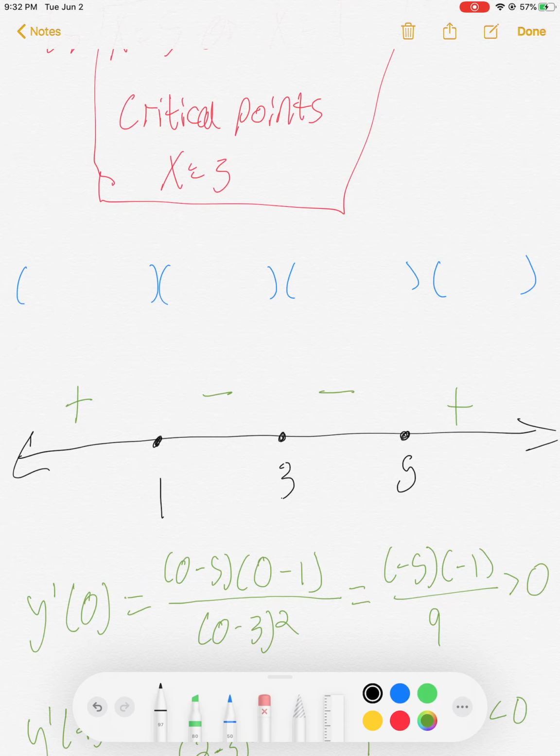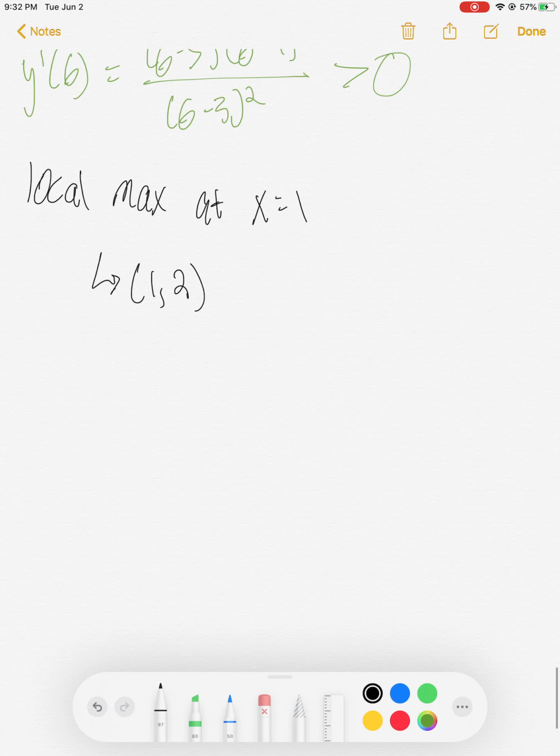What other extrema do we see here? Well, at 3, we don't see an extremum, right? That was that funny point where the function is undefined. But even if it were defined there, we wouldn't have an extremum because the derivative is negative both to the left and to the right of it.